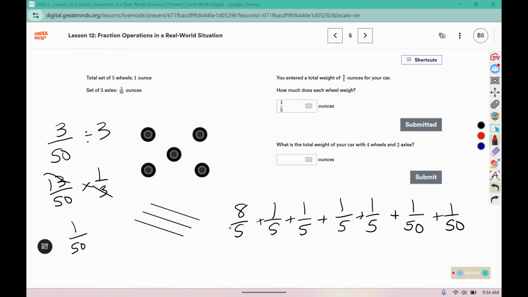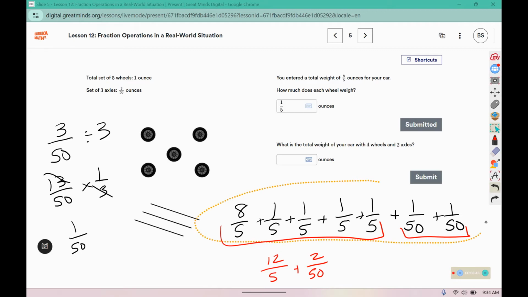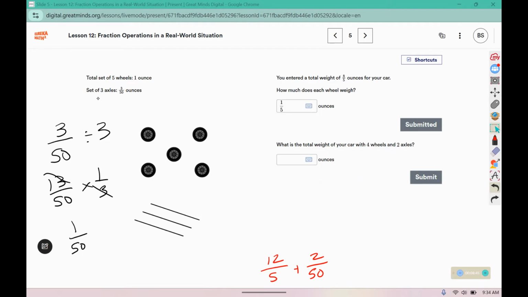So let's combine the pieces that already have common denominators. 8, 9, 10, 11, 12/5, plus this is 2/50. But fifths and 50ths do not have a common denominator yet. So I need to rewrite them using a common denominator. This could be multiplied by 10 to get 50.